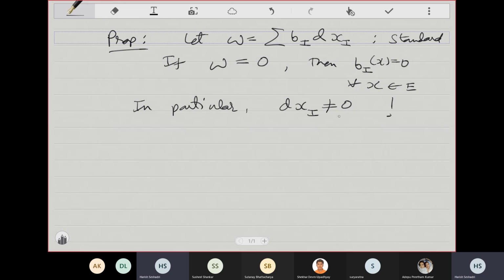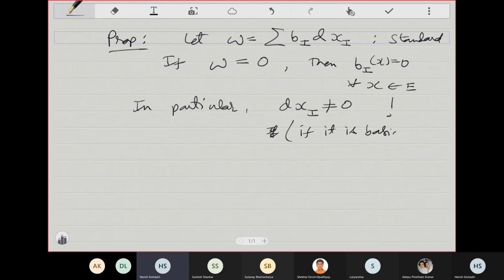What it means to say it's not 0 is that there is at least one k-surface on which the action of dxi will give me a non-zero real number.